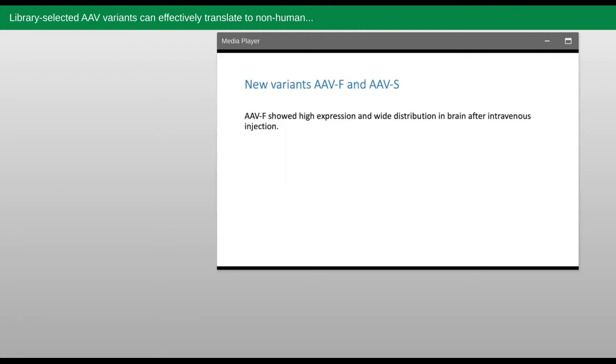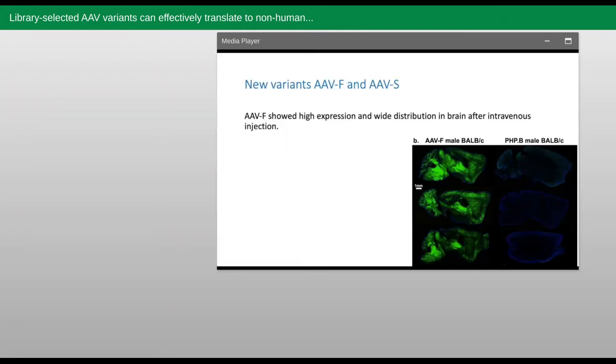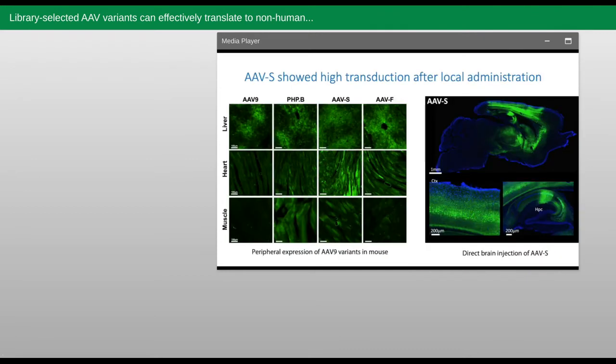This expression was consistent between mice of different sex as well as different strains of mice. We were surprised at the inability of AAVS to cross the blood-brain barrier, but nevertheless we saw high peripheral expression as well as high expression in the brain when injected locally, which indicated the capsid was functioning.